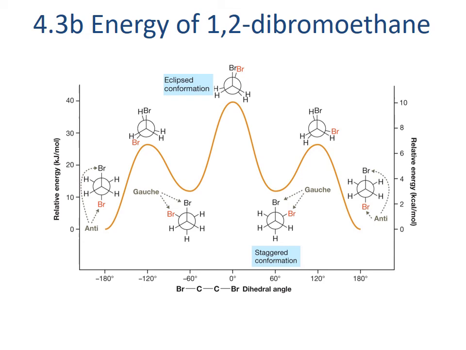Since hydrogen-hydrogen accounts for only 1 kilocal per mole, we know that 2 hydrogen-bromine eclipses account for the other 5, so about 2.5 kilocalories per mole each. The 60-degree structures only show gauche interactions and have a value of about 3 kilocal per mole.